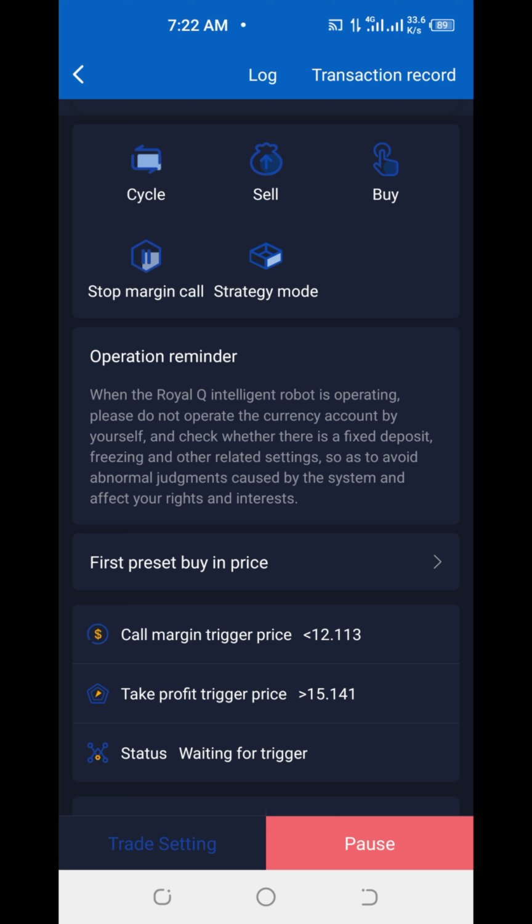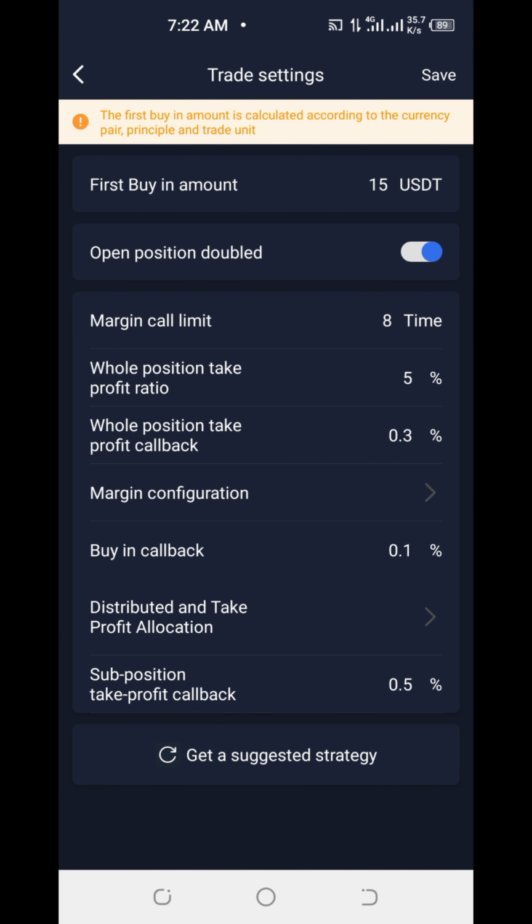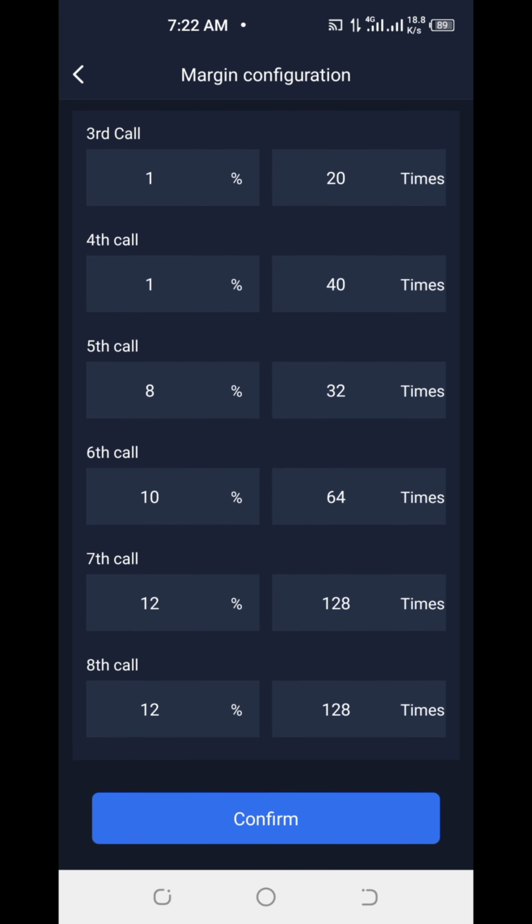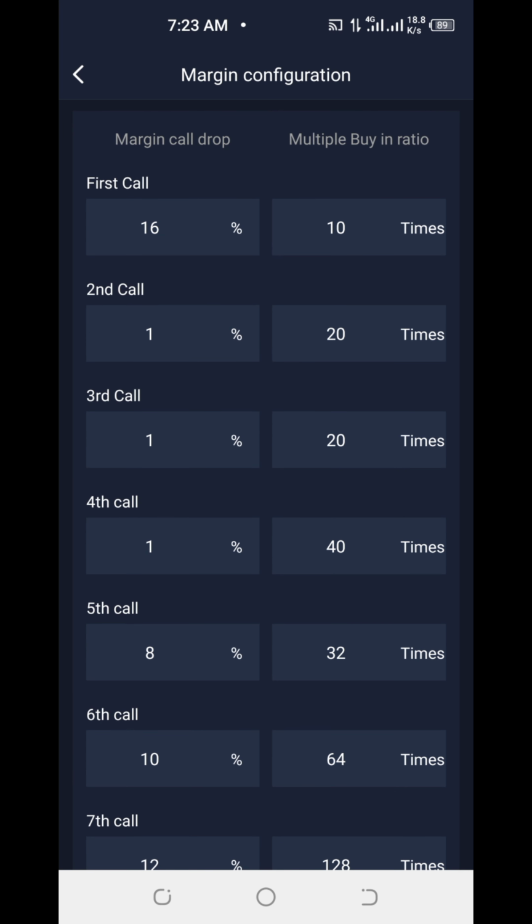So it means it has to drop 16% before it gets to 12.1. So if the next two support levels is at 12.1, you know that you have to go all the way to 16%. So what do you do? You calculate 16% in your margins, the percentage margin.